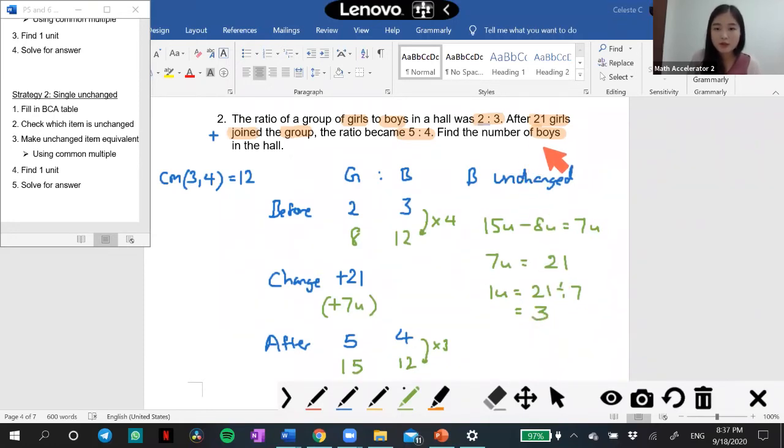Right, so how many boys were there in the hall? From the start to the end, for the boys, you have 12 units. So take your 1 unit, which is 3, times 12 to get 12 units.